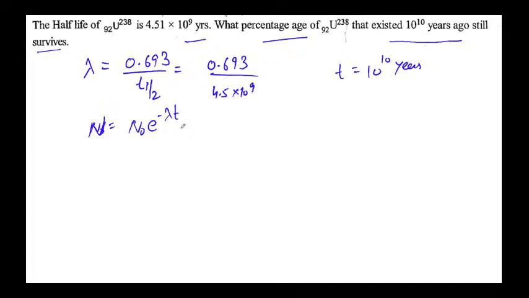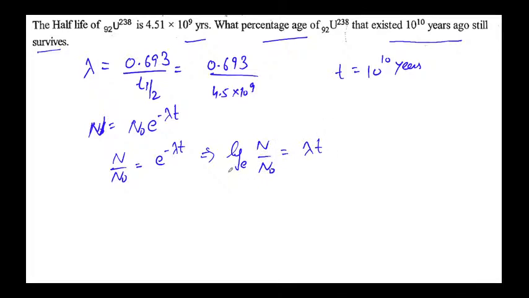So from this you can find the ratio of N over N naught, that is e raised to power minus lambda t, and the logarithmic value of N over N naught comes out to be lambda t.